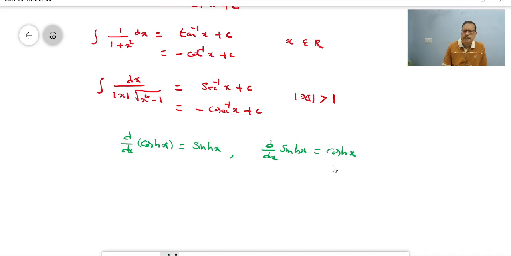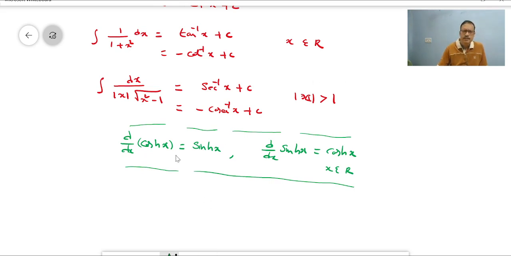Here x belongs to R. So these are the hyperbolic functions. So what is the d by dx of cos hx? That is sin hx, and d by dx of sin hx is equal to cos hx. This means integrating sin hx, what will you get? Cos hx. Integrating cos hx, we get sin hx.